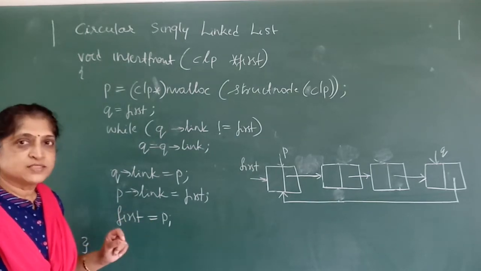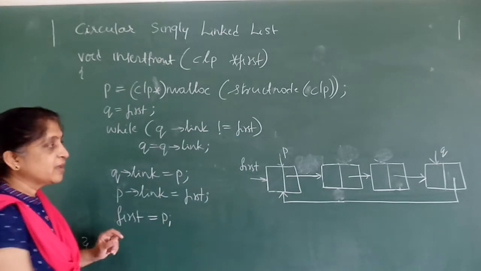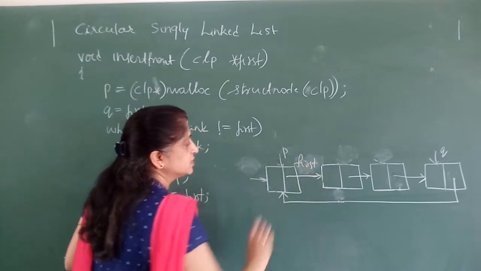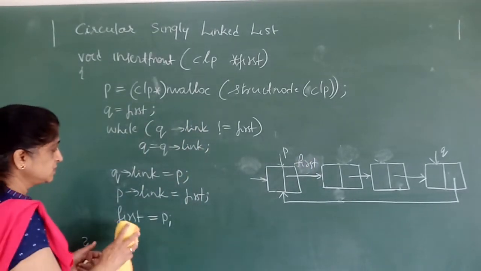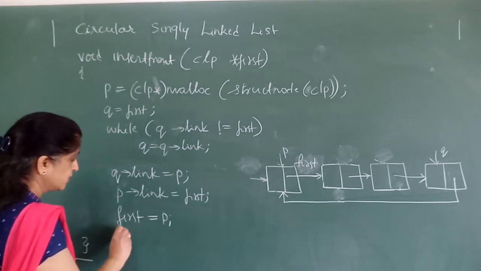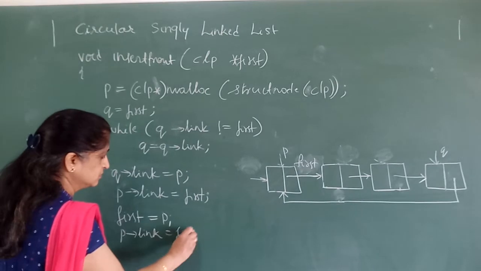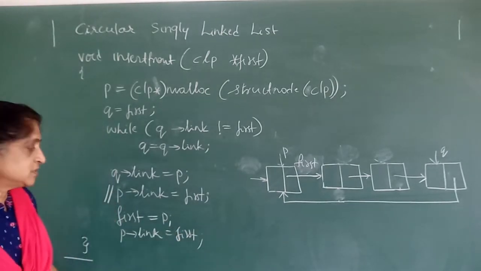I can show you an example of losing a pointer. What can happen if I write the statement p link is equal to first? I am putting this in comment, so this will not execute.